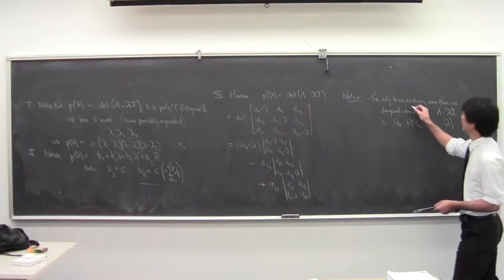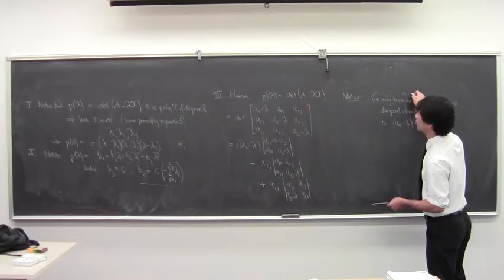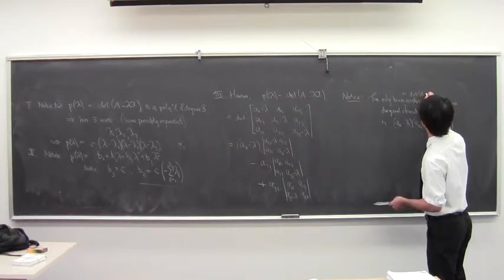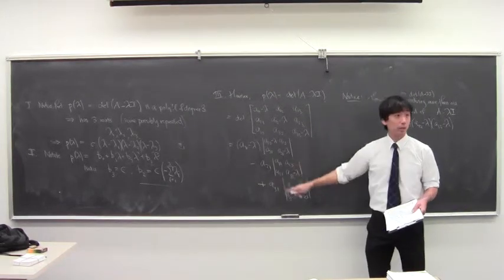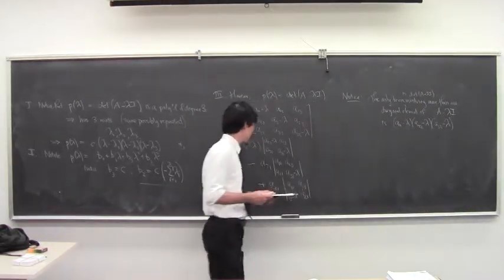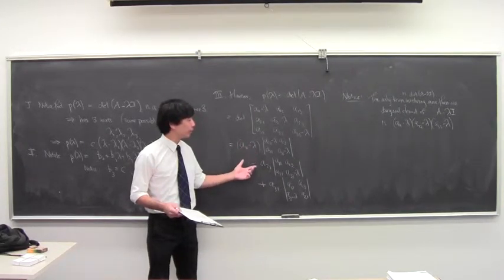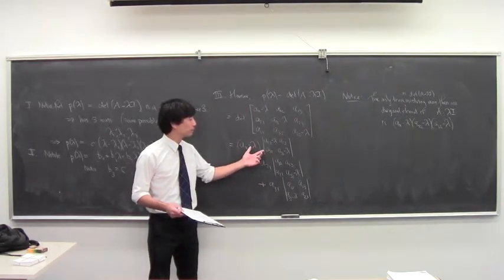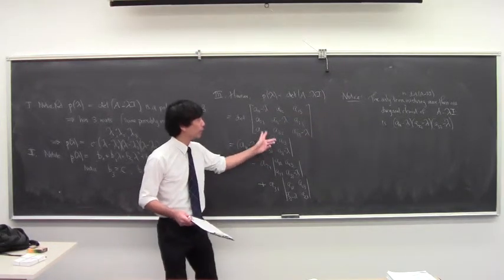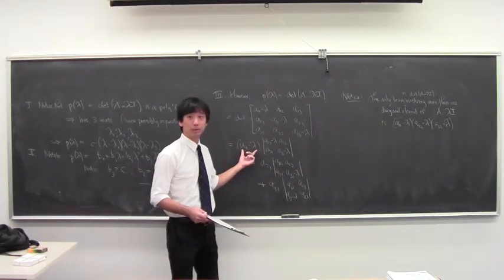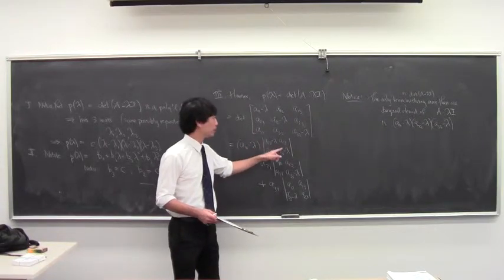When you multiply all these things out, the only term in this polynomial that involves more than one of the diagonal terms is this one, where you take this times this.